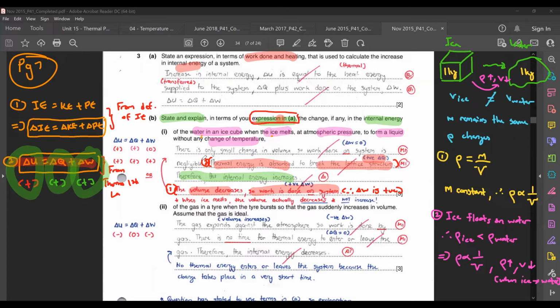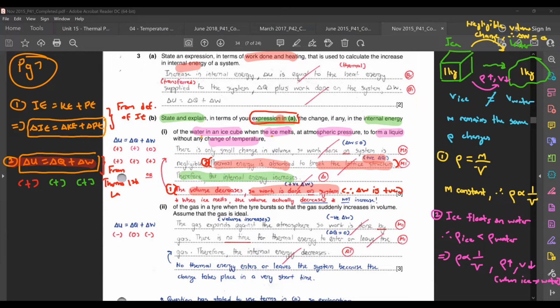Okay. Now, there's also another different way of explaining the work done. Sometimes people will also say this: when ice changes to water, you have negligible volume change. Okay. So when you have negligible volume change, delta W is 0.